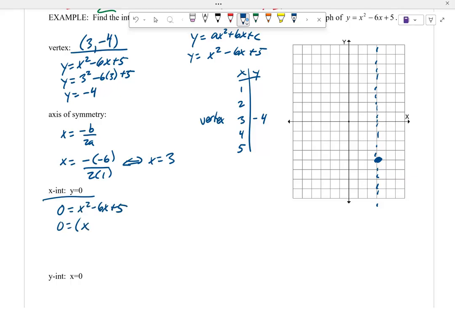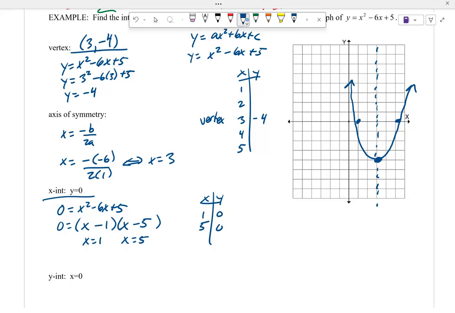Let's see if this factors. It does factor. So it looks like we have 1 and 5 are our x-intercepts. 1 and 5 is where y is 0. So (1, 0), (5, 0).